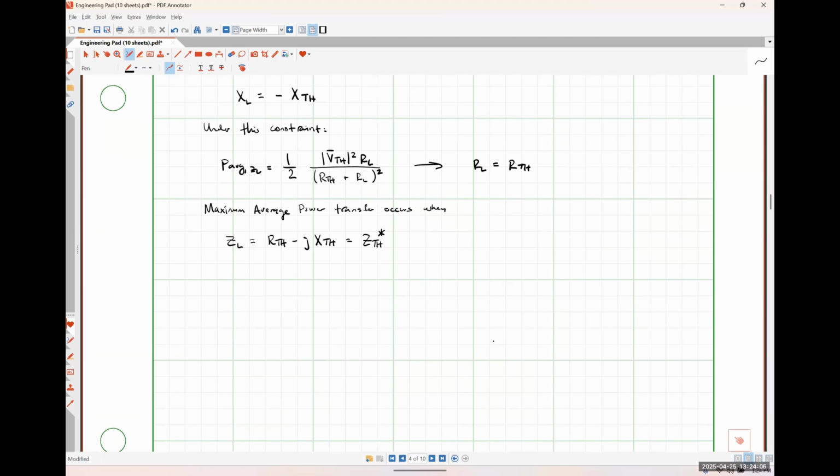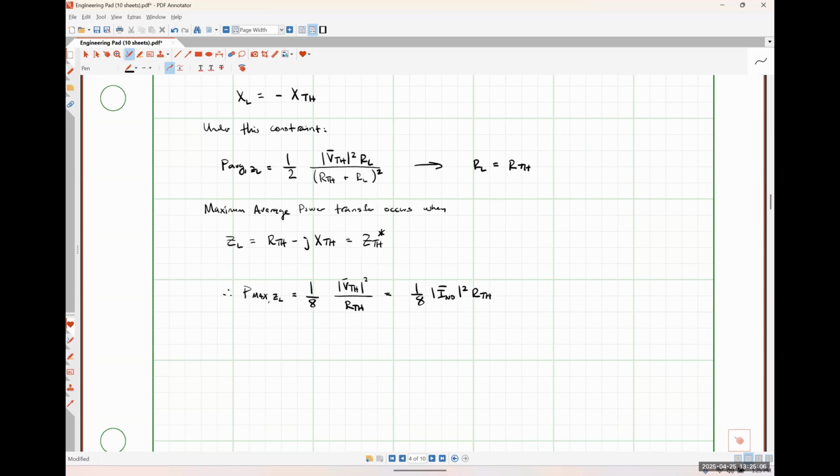And what we would see is that the maximum power that can be absorbed by our load impedance ZL, and this occurs again when it is equal to ZTH conjugate, is going to wind up being 1/8 of the magnitude of our Thevenin voltage squared divided by RTH in the event that we have our circuit expressed as a frequency domain Thevenin equivalent circuit, or it would be 1/8 of the magnitude of our Norton current squared times RTH if we have our circuit expressed as a Norton equivalent circuit in the frequency domain.